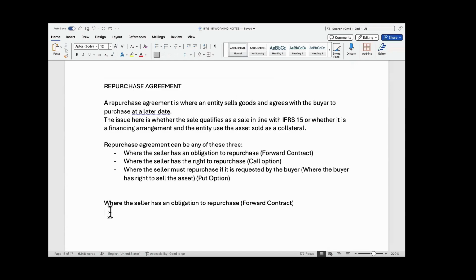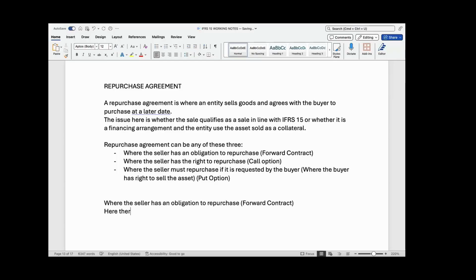So where the seller has an obligation to repurchase, the issue here is this. We are saying that the seller sold goods and has an obligation to repurchase, meaning that at a specific date he must buy it back. They have already agreed it.